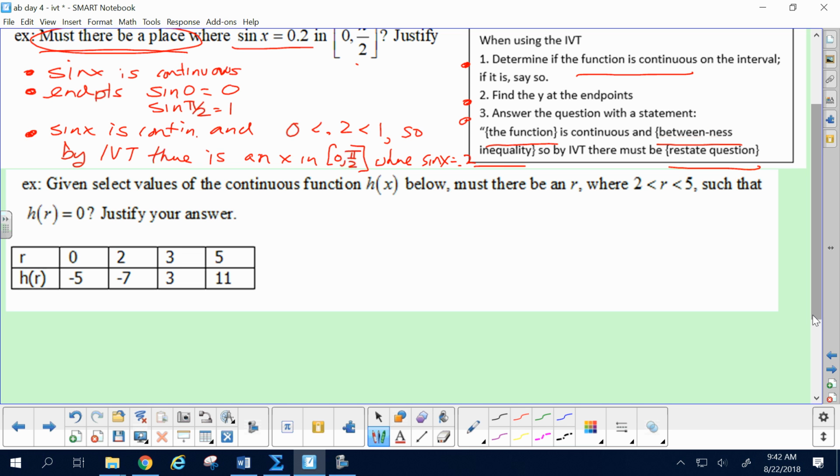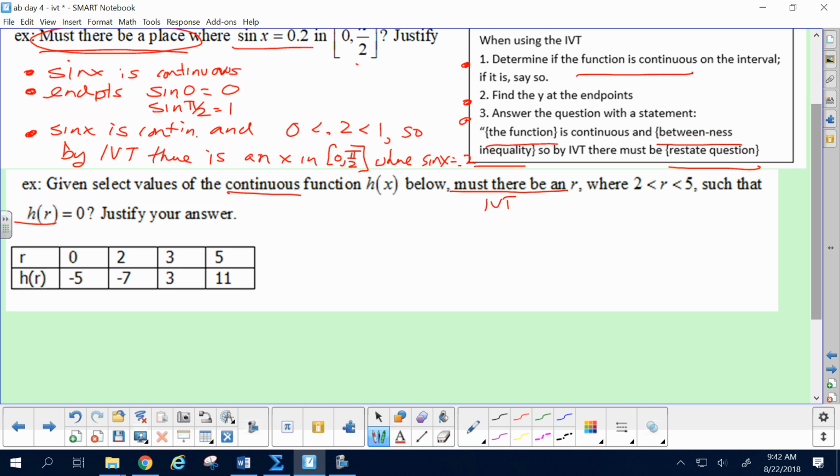Given select values of a continuous function h of x, they give you as continuous, below, must there be an r? They're saying, must there be a place, which tells me, oh, this is one of those IVT questions, where r is between 2 and 5, such that h of r equals 0. Now, when you see h, the function is the same as y.